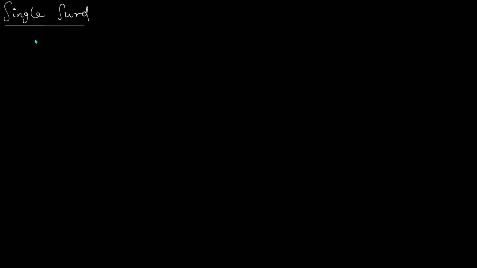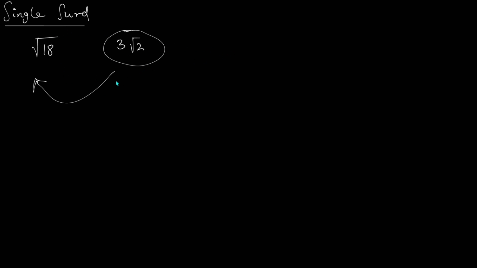For example, the square root of 18 is a single surd, while 3 square root of 2 cannot be regarded as a single surd. So now, how do we change the 3 square root of 2 back to the square root of 18?